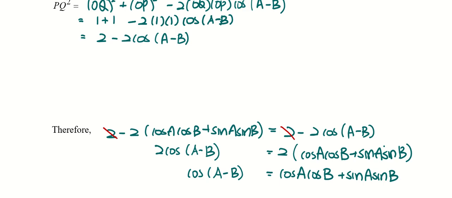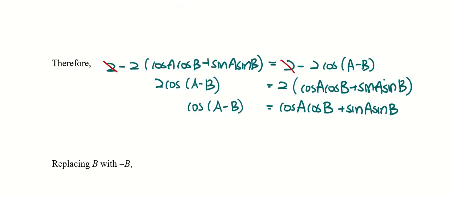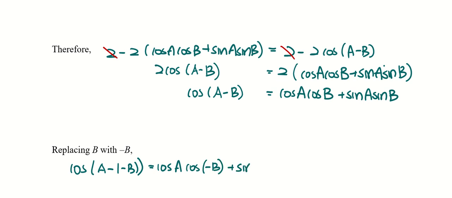Now how about cosine A plus B? Same thing, you replace B with negative B, and this is what you will see: cosine A minus negative B equals cos A cosine negative B plus sine A sine negative B. So how are they related?